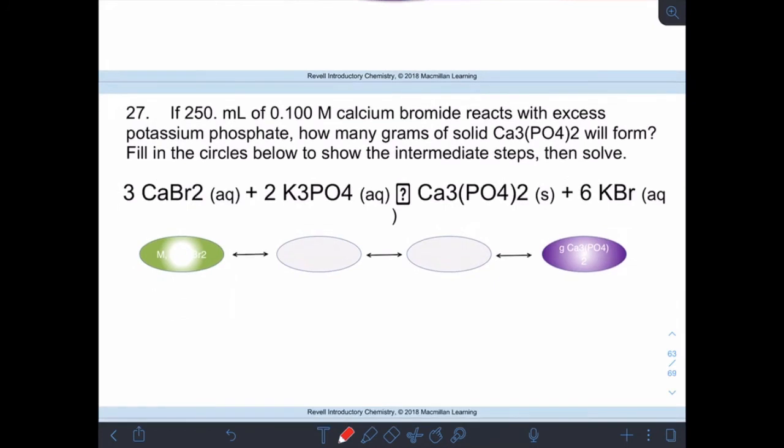Okay, but now we have all these tools in order to get to moles and get out of moles. So let's take a look at this particular question. If 250 milliliters of 0.1 molar calcium bromide reacts with excess potassium phosphate, how many grams of solid calcium phosphate will form? Okay.